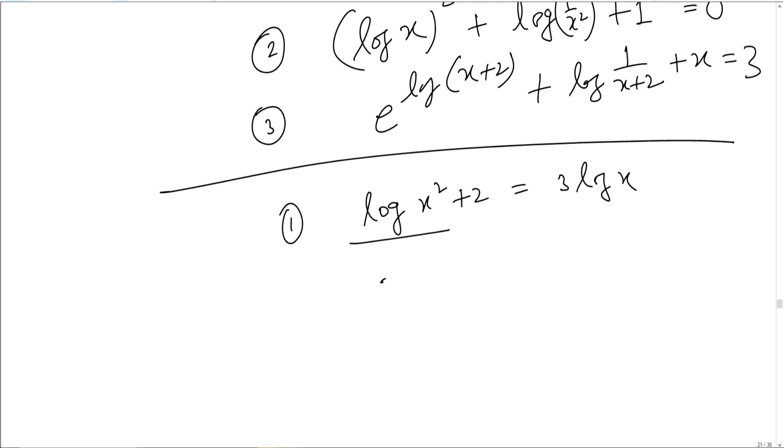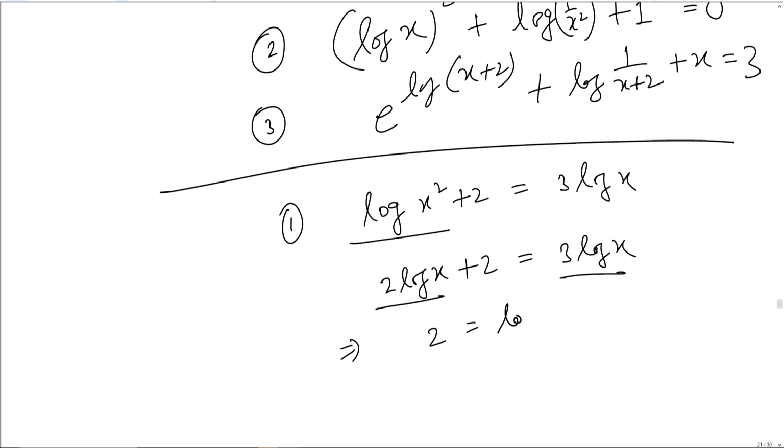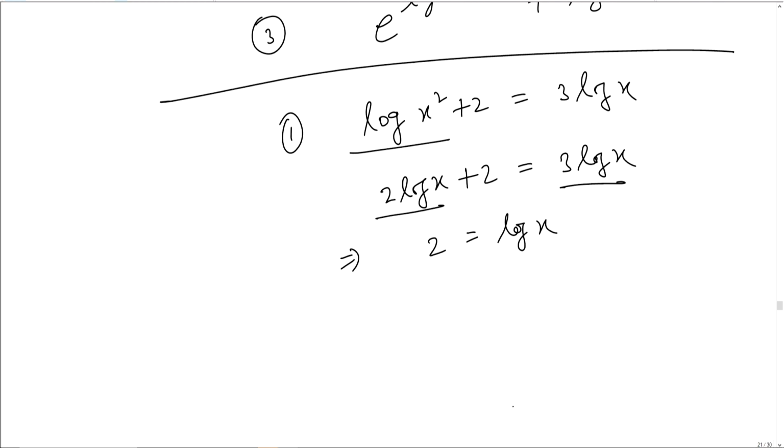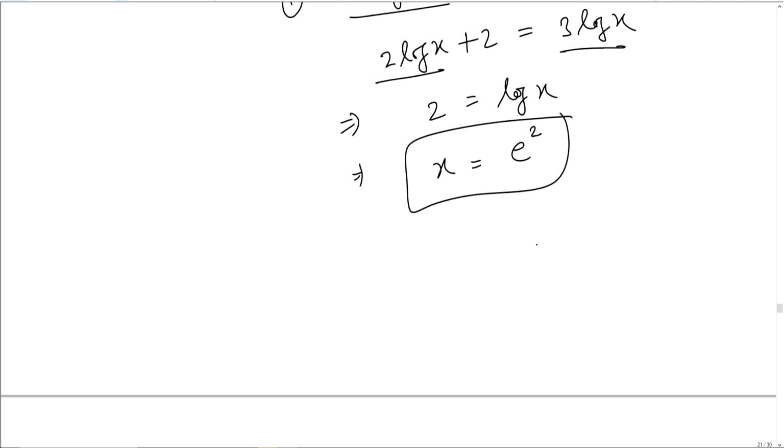Can we simplify this? Yes, we can rewrite as 2 log x plus 2 equals 3 log x. So, here you have 2 log x, here you have 3 log x. Now, you can operate such that you take 2 log x on this side. So, 2 would become equal to log x. That means x equals e to the power 2, e square. So, we solved it for x.